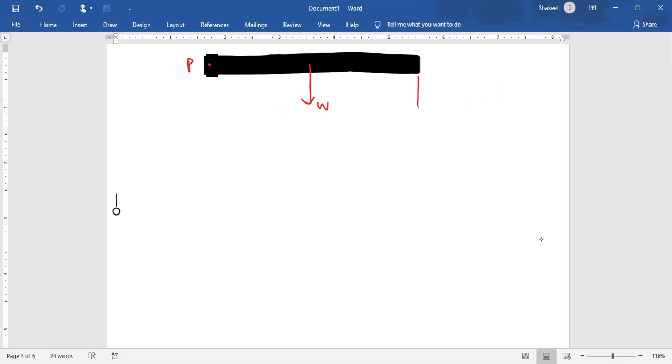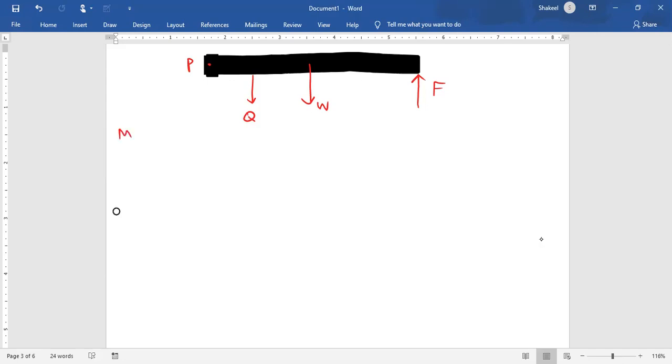Let's say another force is acting from this point, and another force, let's say force Q, acting from this point, and this is still balanced. So multiple forces are acting on the object and trying to rotate it about the pivot.